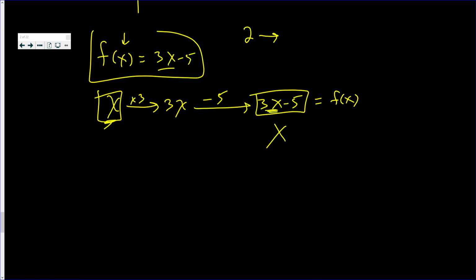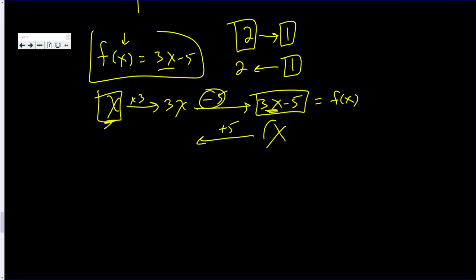You take away 1, you get 5. So 2 became 1. You had 2 in your calculator, you did things to it, and now it's 1. So you want to take 1 and undo what you did to the 2 to get the 2 back. That is, to undo taking away 5, we'll add 5 to this.